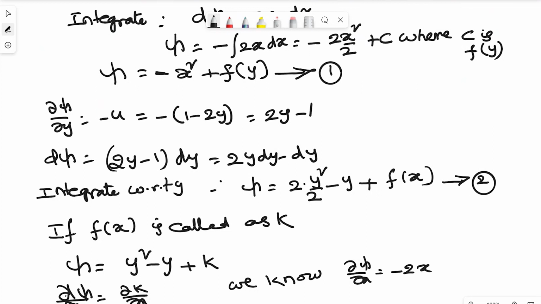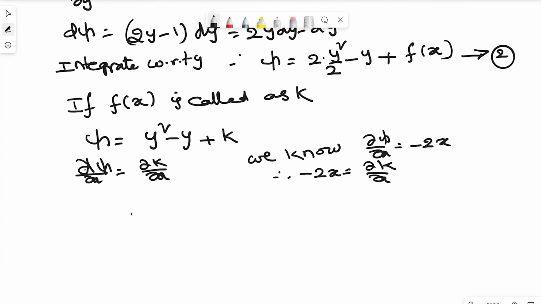Therefore minus 2x is equal to dou k by dou x, so k is equal to minus 2x dx. Minus 2x dx means minus 2 into x square by 2, so it will be minus x square. So therefore psi is equal to y square minus y minus x square.